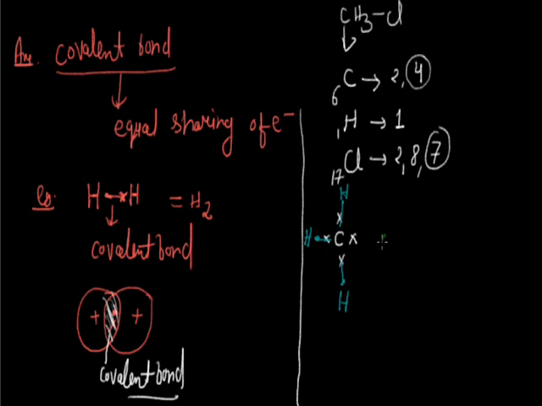Here is the Cl, in greenish color, with 7 electrons, 1, 2, 3, 4, 5, 6, 7. This cross electron of the carbon pairs with the dot electron of the Cl and forms another covalent bond. So we have a total of 4 covalent bonds around the carbon atom: one single covalent bond with Cl and one with each hydrogen. This is CH3Cl, formed by covalent bonds.